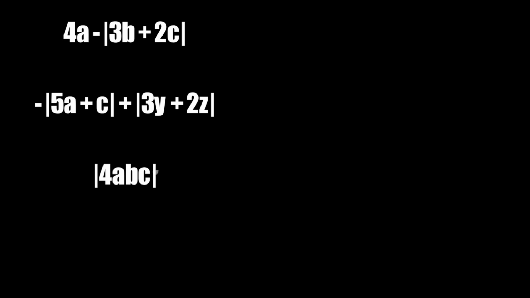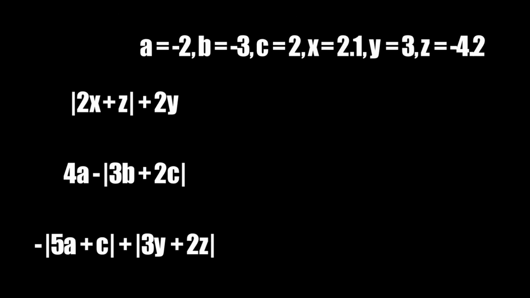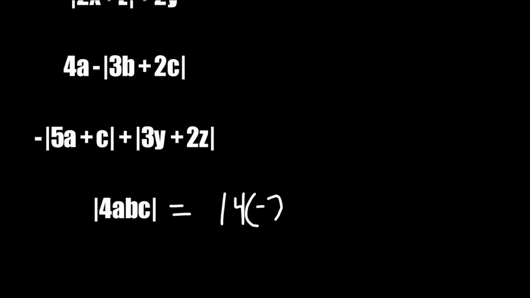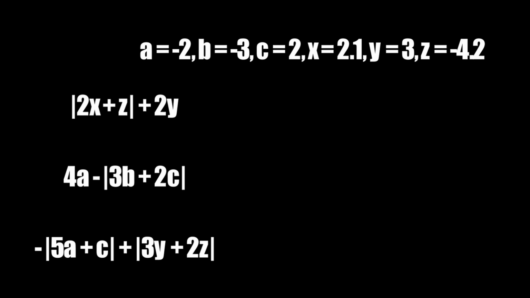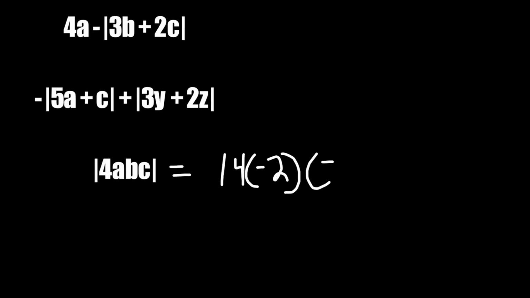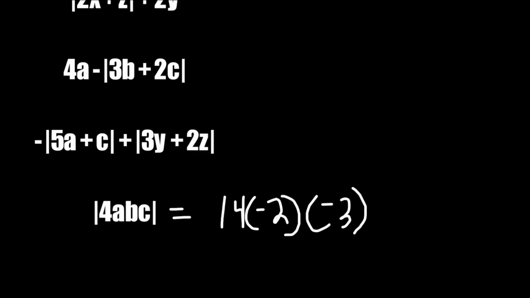Okay, so now this is the last example, and after this example will be your practice problem. So it says the absolute value of 4abc, and let's rewrite this. So it's going to be the absolute value of 4 times a, and a equals negative 2. So 4 times negative 2 times b, which equals negative 3, times c, and c equals 2.